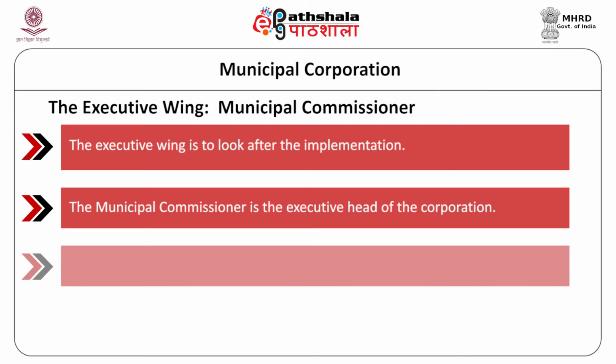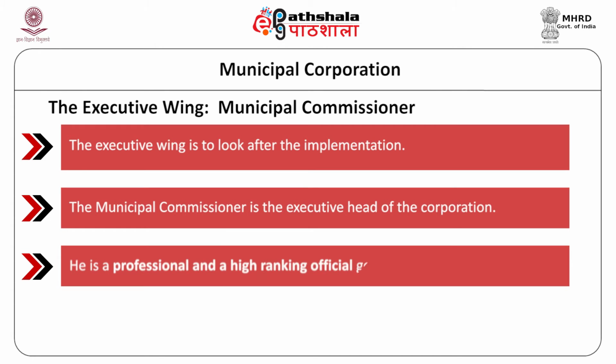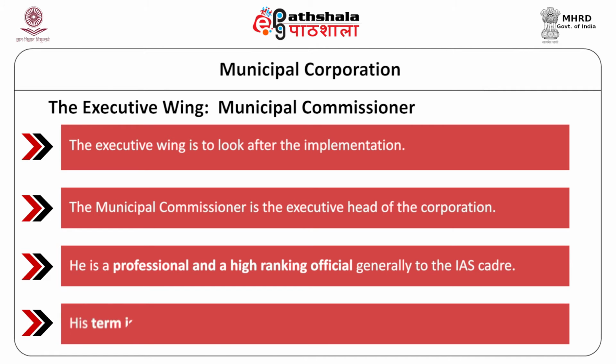He is a professional, a higher-ranking official, normally belonging to the Indian Administrative Service. The term of the municipal commissioner is generally not fixed, but he normally functions for a period of 3 to 5 years.